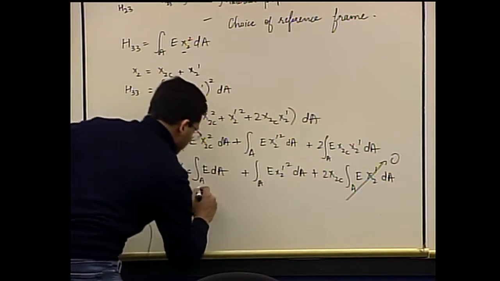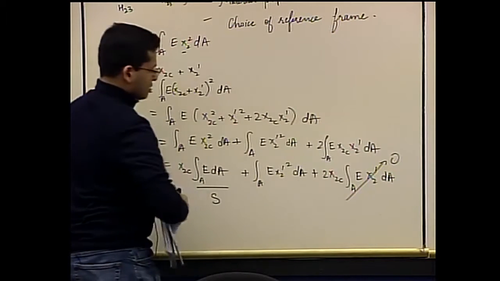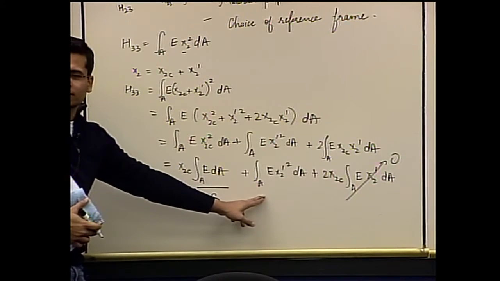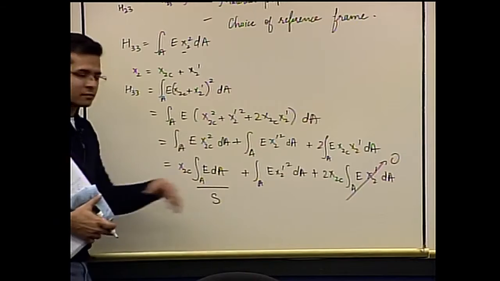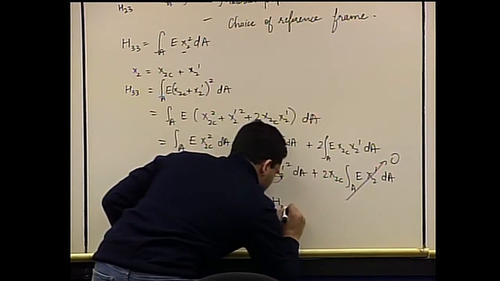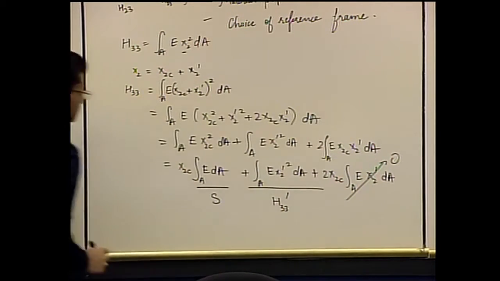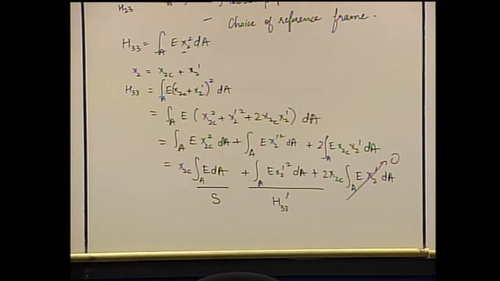It is S. What will this become? H33 prime. So in a centroidal, yes, go ahead. Should there be a squared on the x2c on the first integral? Correct. Apologies.